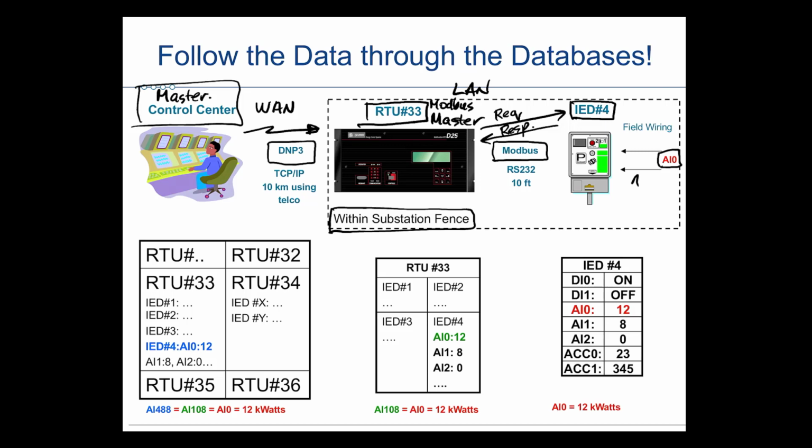So this is actually AI number 0, and this would be the field wiring connection for an analog input to this smart meter.